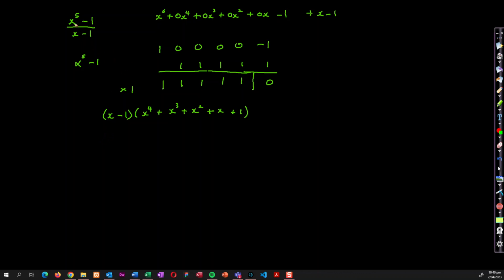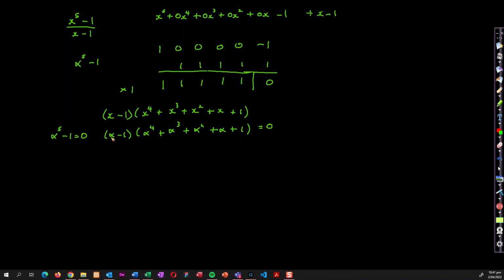So if this was alpha instead, we would have alpha minus 1, and then alpha to the power of 4, plus alpha cubed, plus alpha squared, plus alpha plus 1. Now, remember, this is alpha to the power of 5 minus 1 equals 0. So this is simply that alpha to the power of 5 minus 1 written in this form now. So this is equal to 0 here.